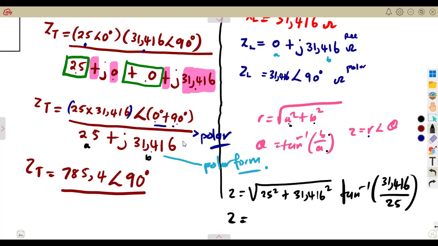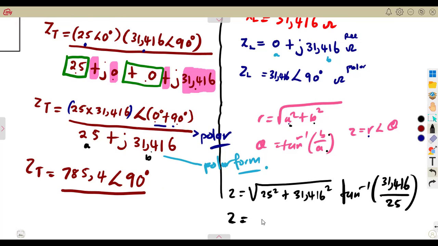I'm also going to show you how to use a calculator for these conversions. 25 squared plus 31,416 squared, the square root of this is going to be 40,149.